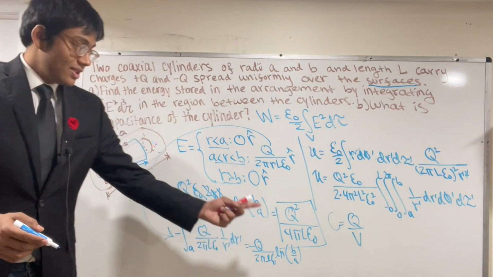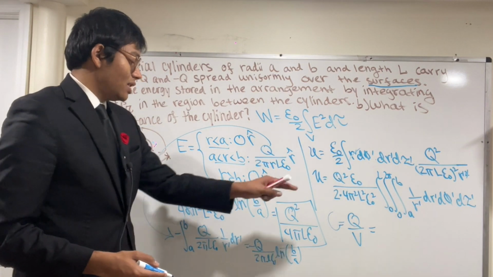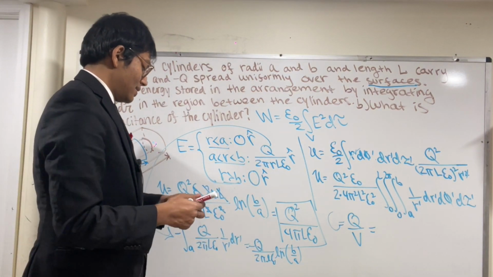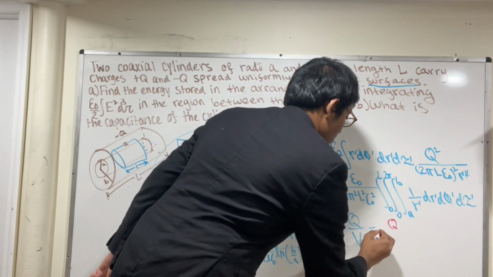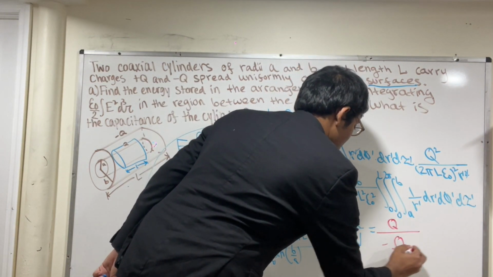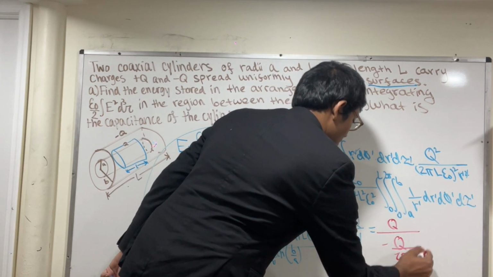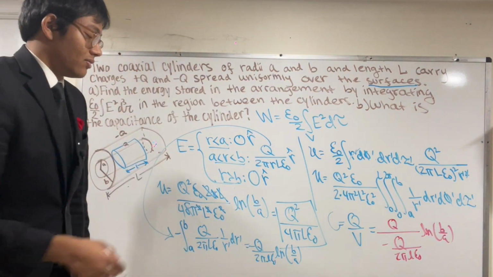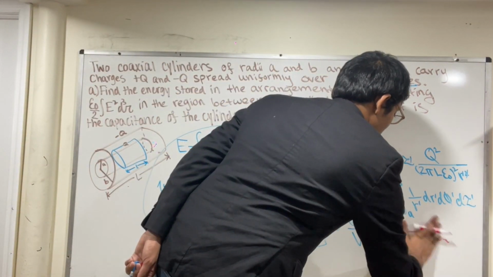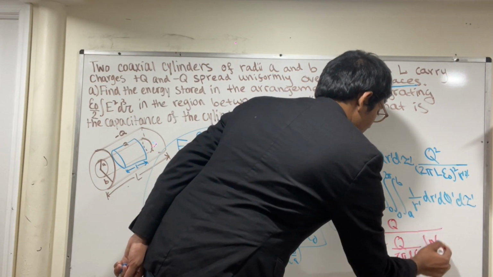So now that we have this, we may simply substitute it in. So this is going to be q over all of this. Now if I do that, I'm going to have q over minus q over 2 pi L epsilon naught times ln of b over a. Whoops, this ln of b over a should be making an appearance in the denominator.